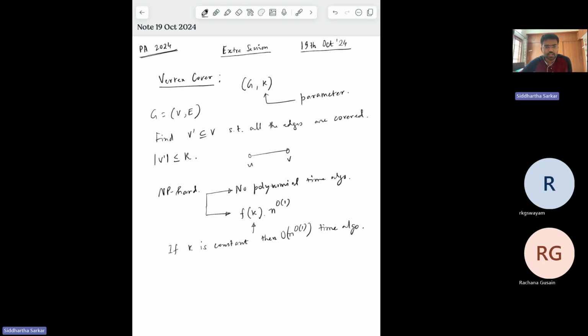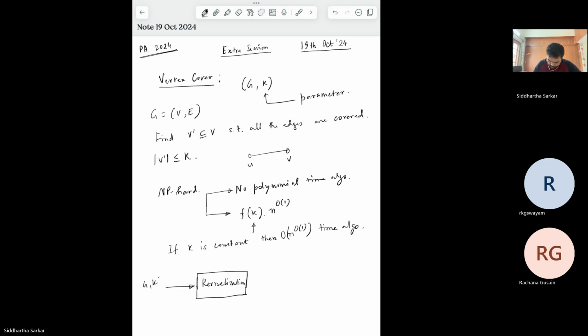So let us look at the algorithm that uses kernelization. What is the meaning of kernelization? Kernelization is a procedure, a process that takes the input and obtains a reduced input.